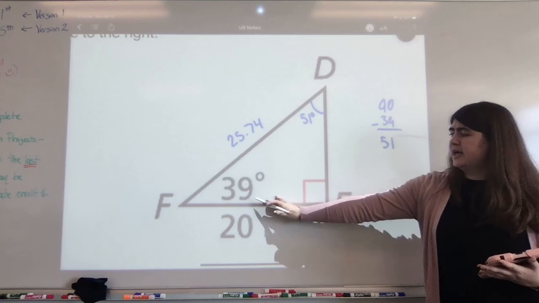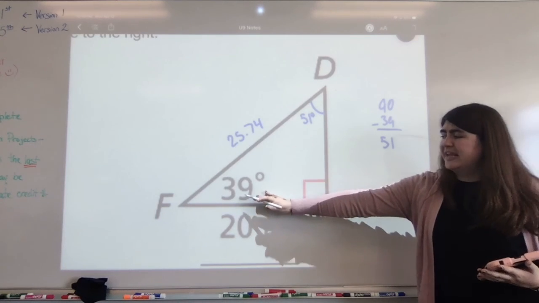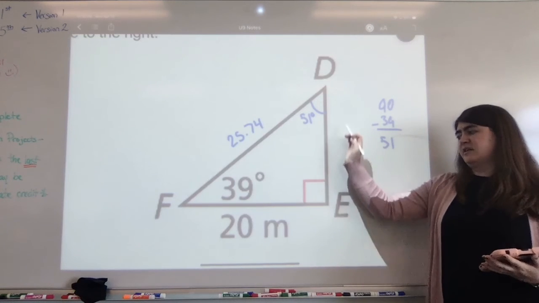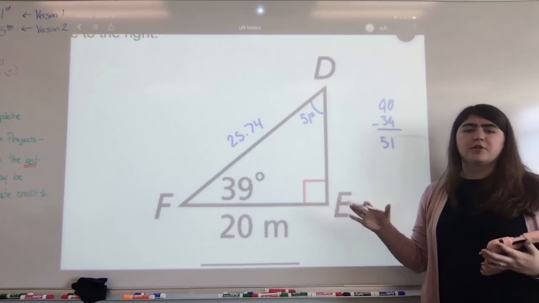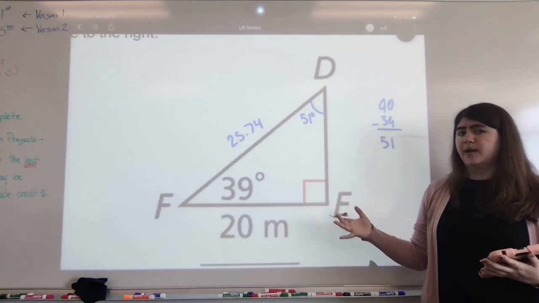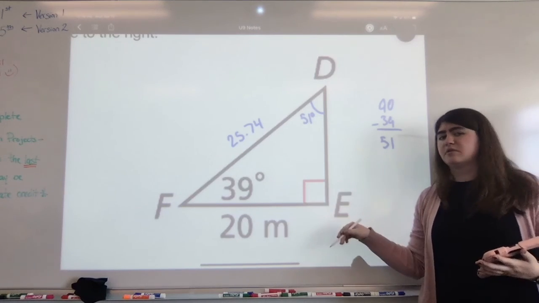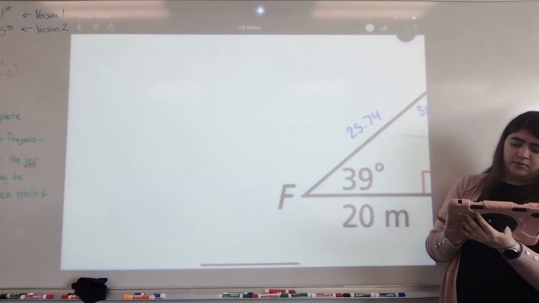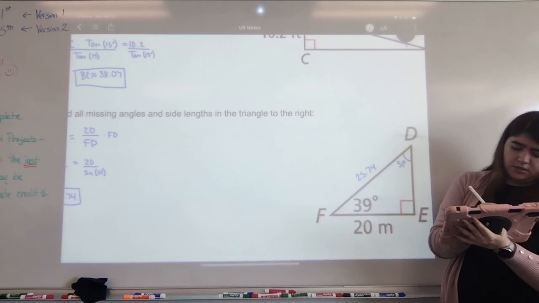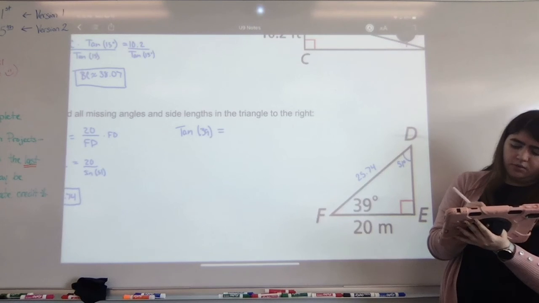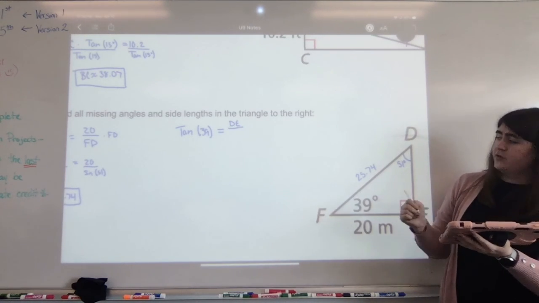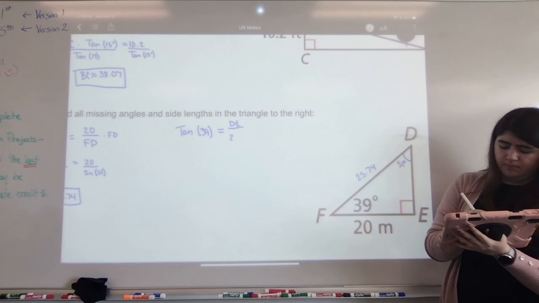The opposite is DE, so I'm going to use the tangent of 39 degrees, and that's going to give me this side as my opposite side. Now, if this part's confusing to you, it doesn't really matter as long as you are picking one of these angles and you're using tangent. So I have 39 degrees is what I'm going to use. So tangent of 39 degrees is equal to the opposite, which is DE, over the adjacent, which is 20.